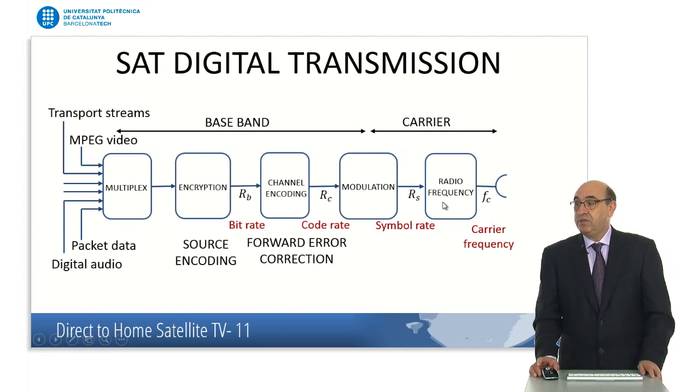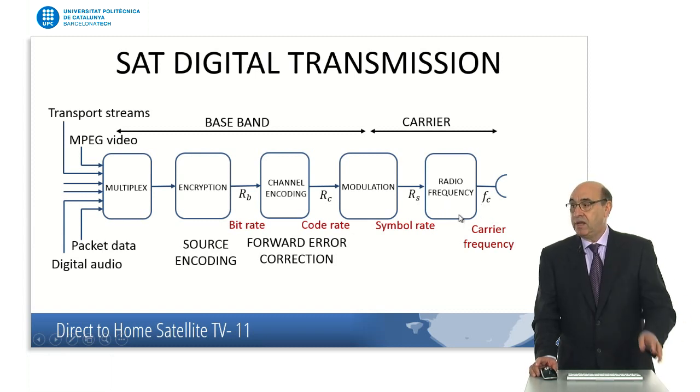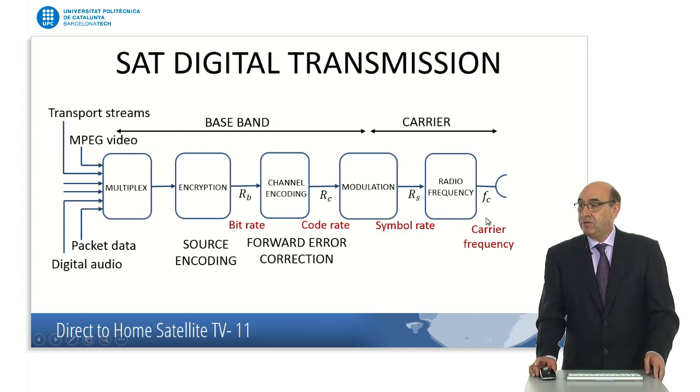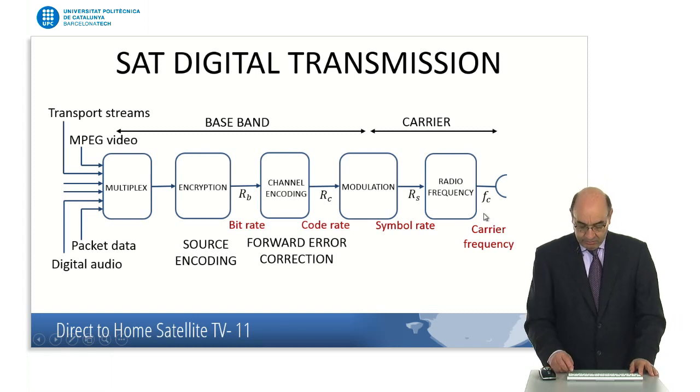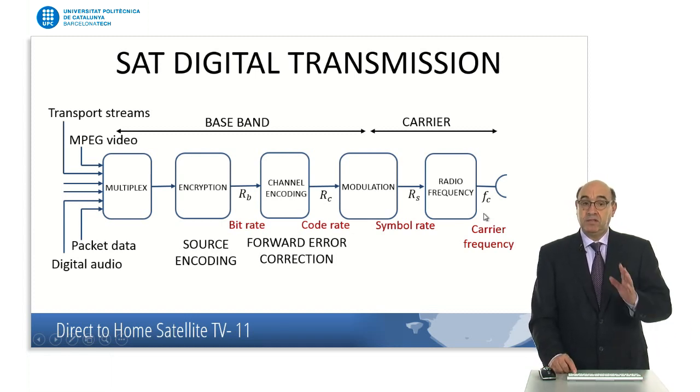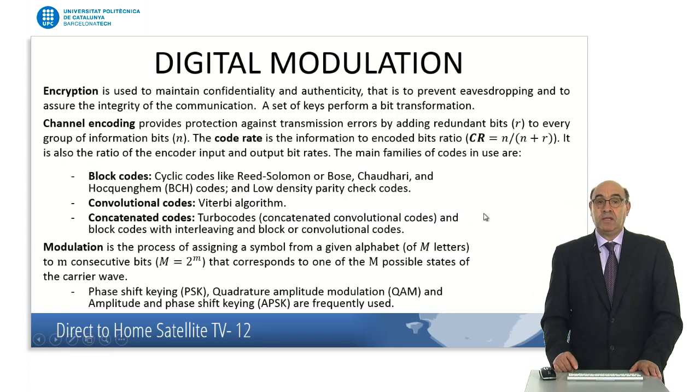Here we have the transmitters, we have the connectors to the antenna, and the antenna will broadcast. So up until this level we have symbol, code, or bit rates, and now we start to talk about carrier frequency and modulation. And this is just the main block.